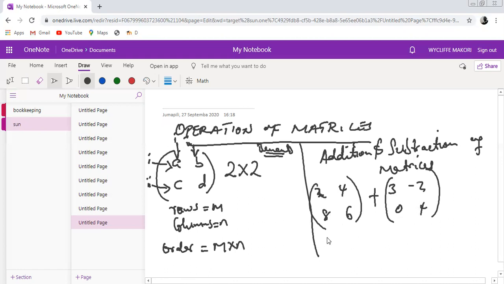But if we have 3, 4, 1, 8, 3, 0, and you are adding 2, 3, 2, 6, 9, this is not possible because they are not of the same order. This is a 2 by 3, whereas this is a 2 by 2. Because they are not of the same order, we cannot add or subtract them. I want you to note that from the onset. So can we do some examples on the same?